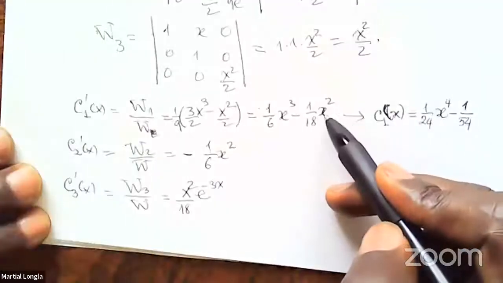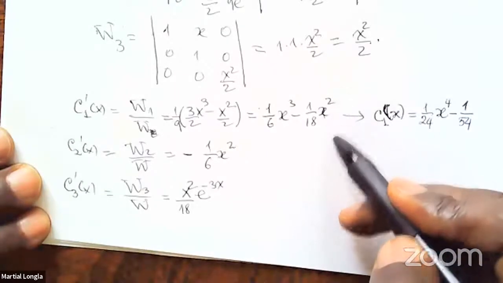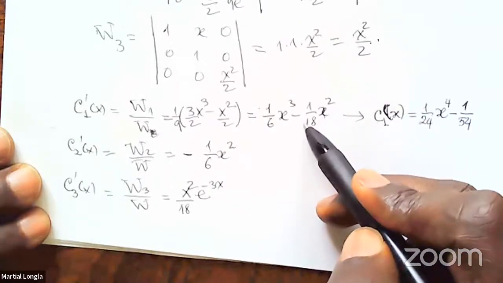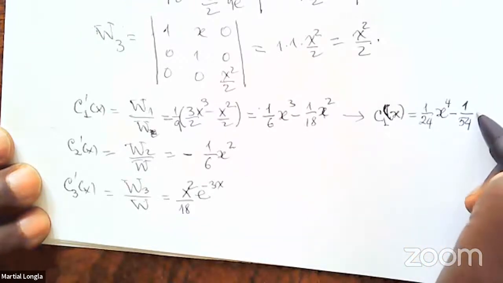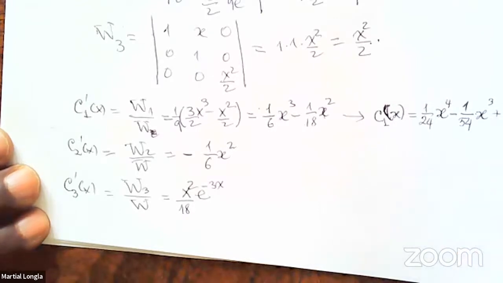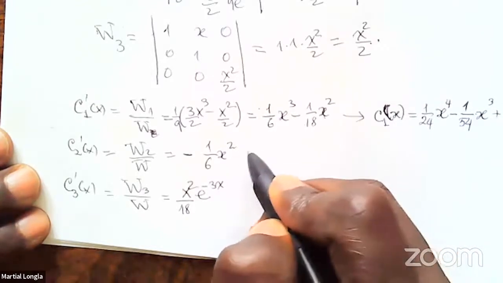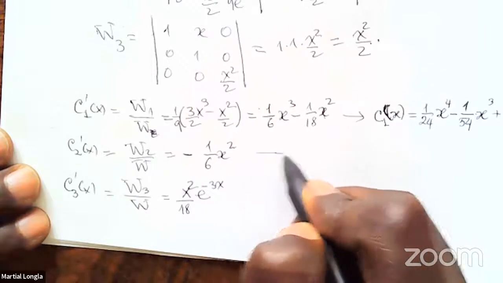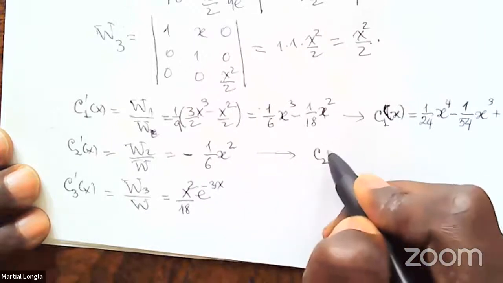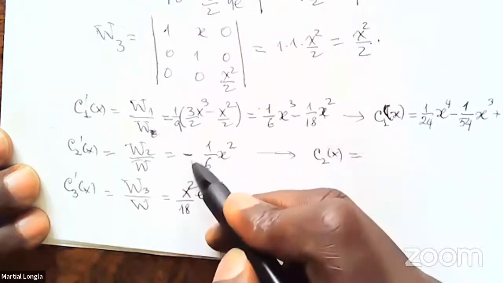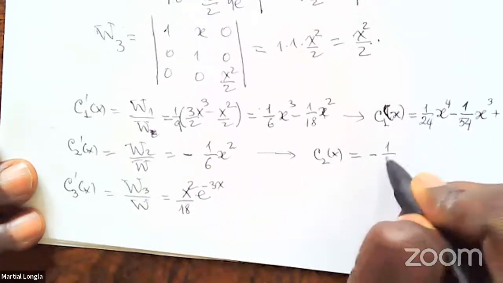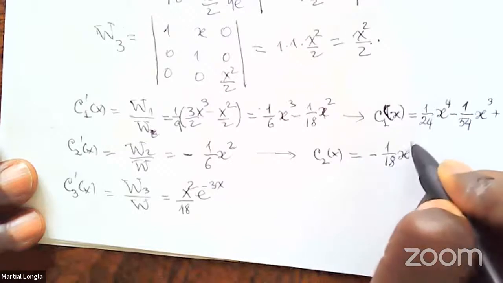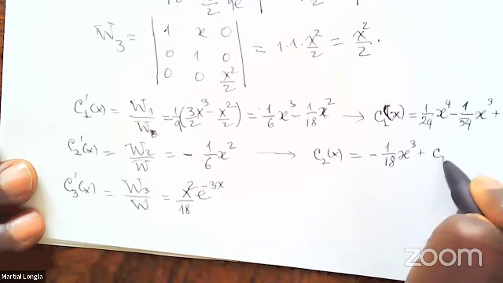So the integral of x squared is x cubed over 3. 3 times 18, I was saying it's 54. x cubed. And then the constant of integration, c1. This one, you integrate as well. We get c2 of x equals integral of negative 1/6 x squared. That's negative 1/18 x cubed plus c2.